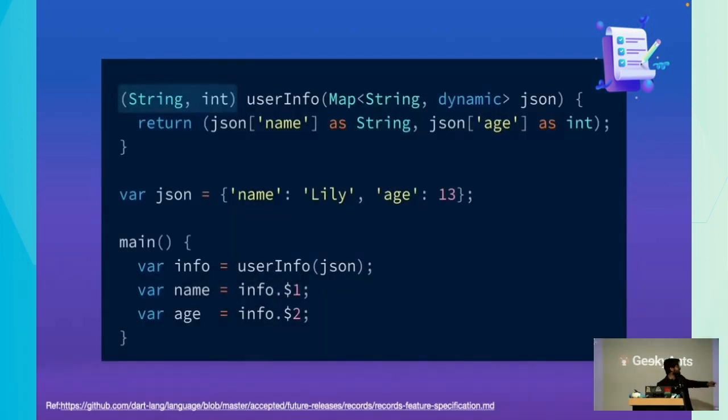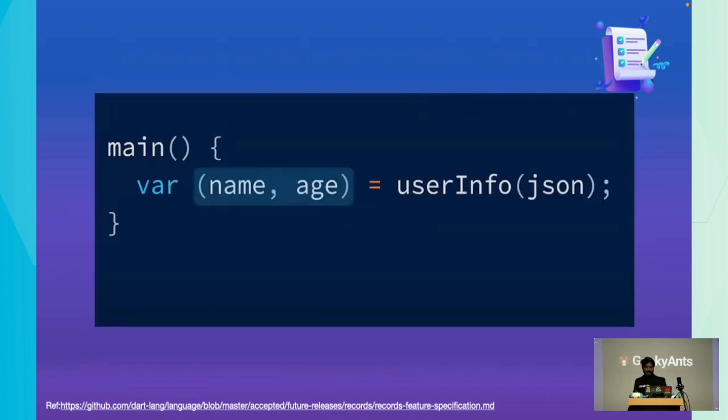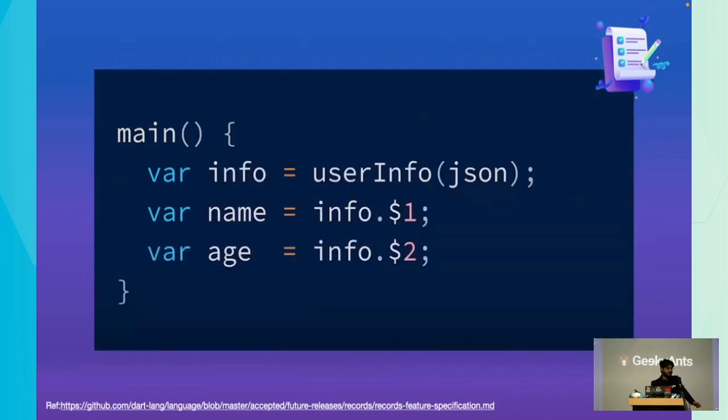So here you are passing name and age, okay? You will pass that information in this return type, which is a record, and then using a pattern, you can give it a name, basically name and age. So instead of doing this $1, $2, you will do info.name and info.age. Yeah. This is records and patterns.